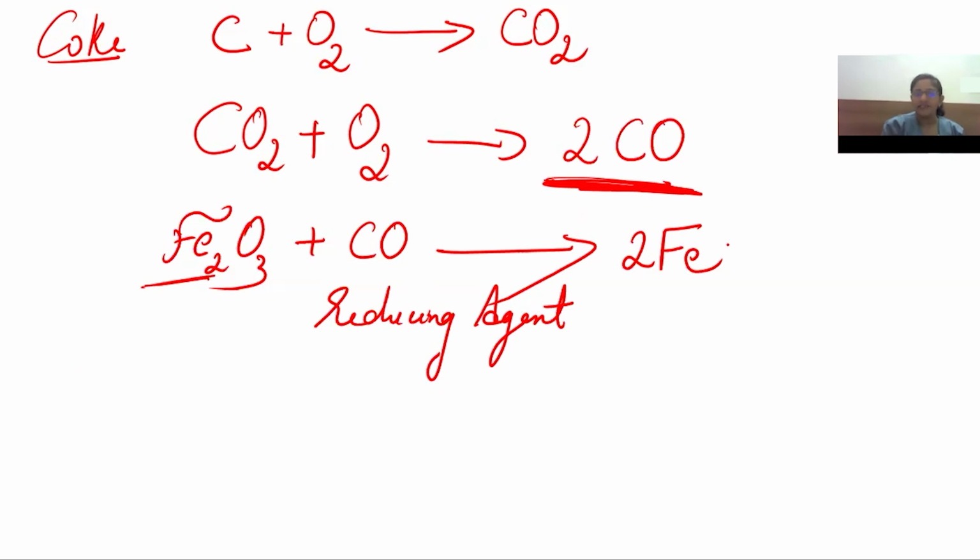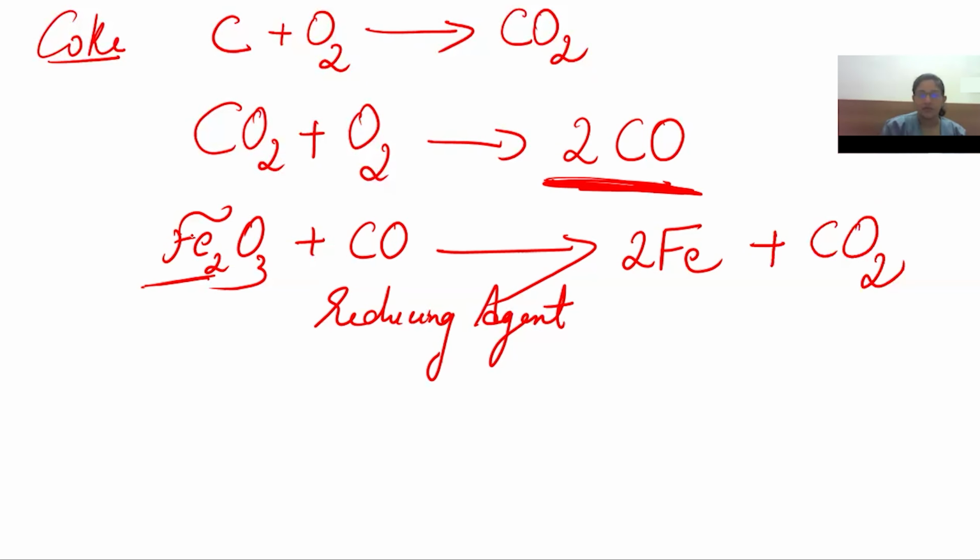So what will this CO do? CO is acting as a reducing agent. It will abstract oxygen from Fe₂O₃, so that we get iron back, along with carbon dioxide.